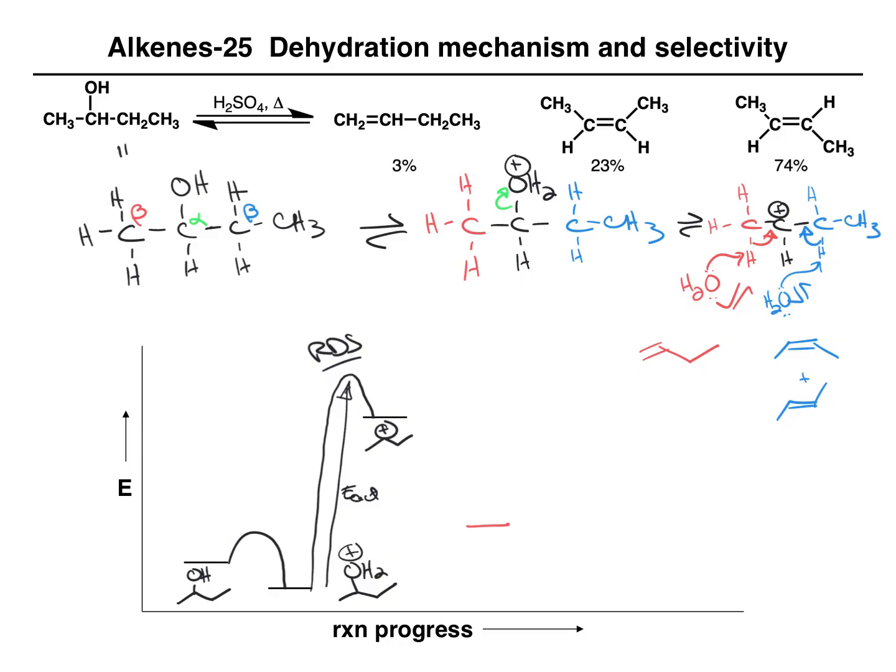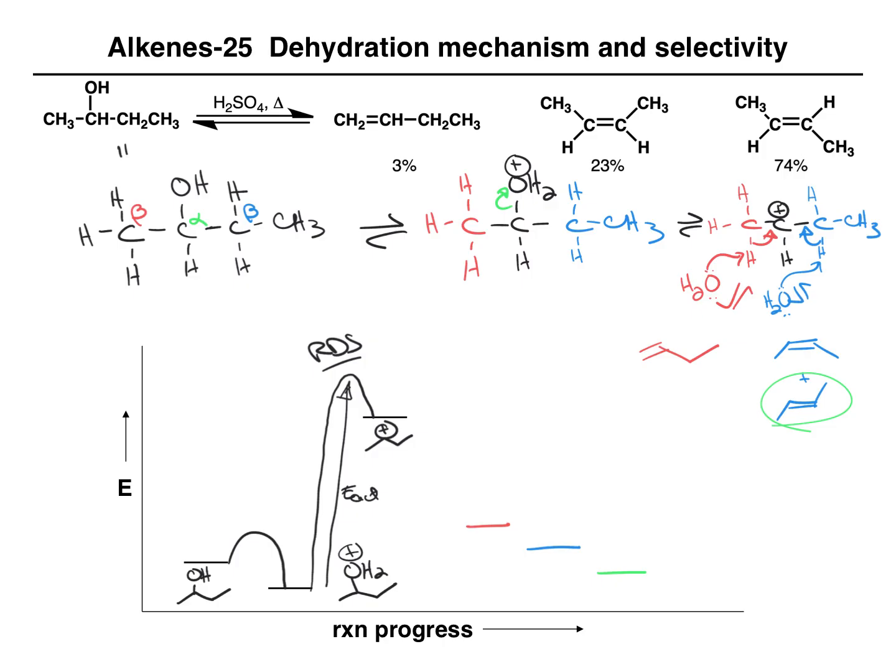We also saw that cis is less stable than trans. So maybe this is the energy of our cis product, and then this will be the energy of our trans product. Now let's think about the reaction pathway that gets us to those products.